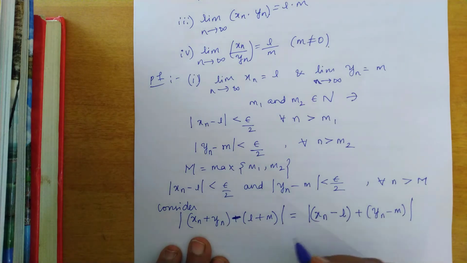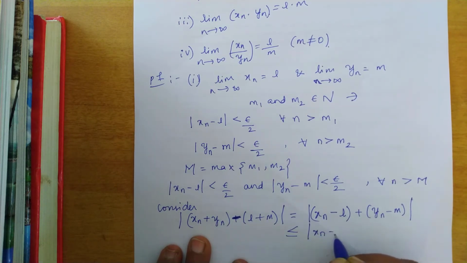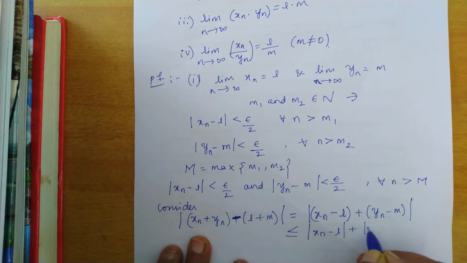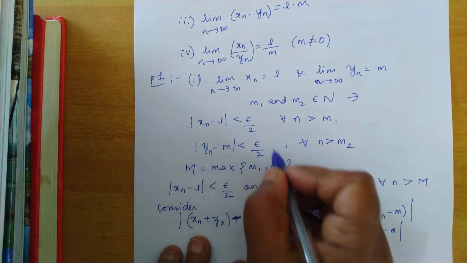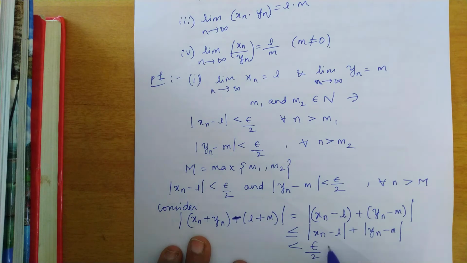Okay, so what do I get? This is less than or equal to, if I write this inequality, modulus of xn minus L plus modulus of yn minus M. Actually this quantity is less than epsilon by 2 and this is less than epsilon by 2. So epsilon by 2 plus epsilon by 2 is epsilon.